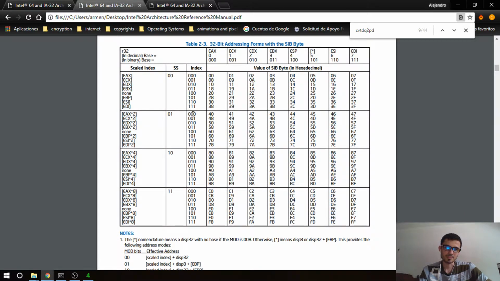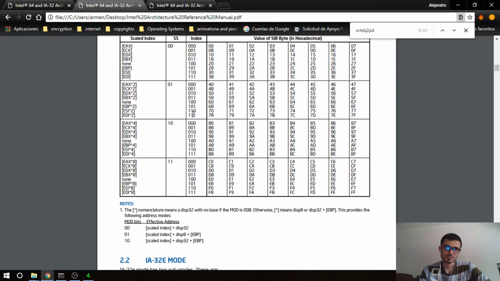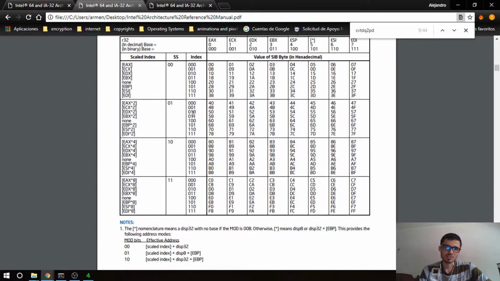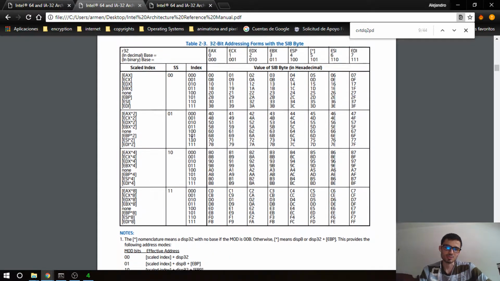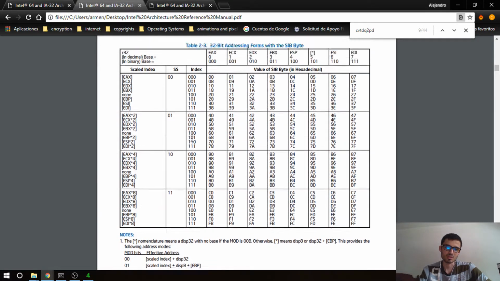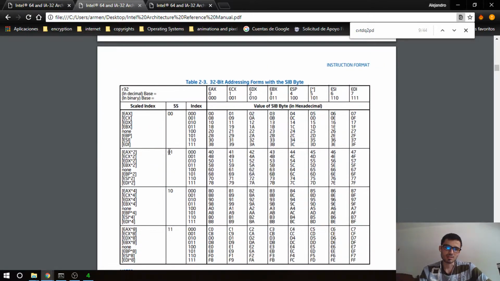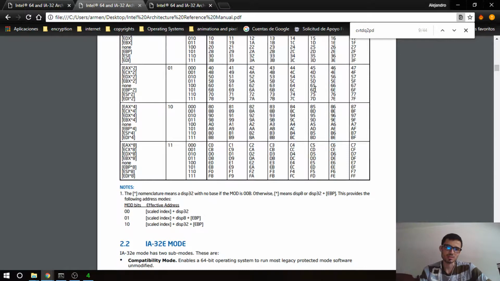That's really nice. And the displacements, well, the values we already know. Here we don't have displacements, but here we have a displacement, which is encoded in the SIB.